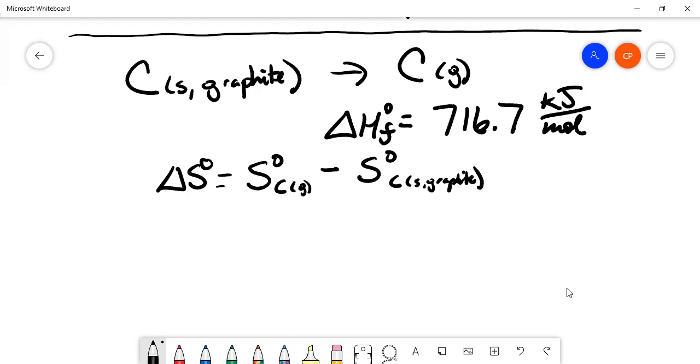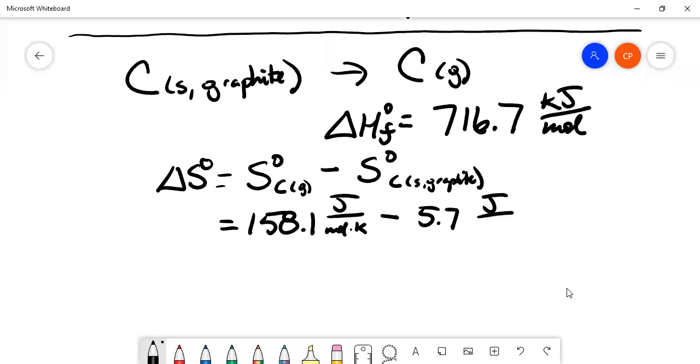Okay? And in that tabulation, the entropy of carbon in the gas phase was 158.1 joules per mole per Kelvin, minus 5.7 joules per mole per Kelvin.